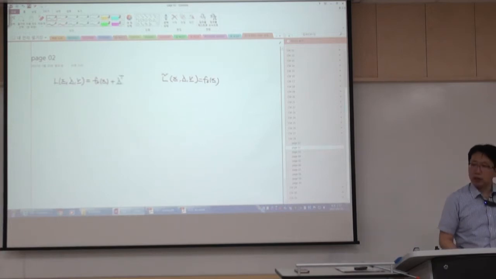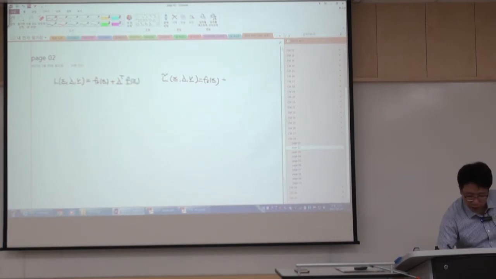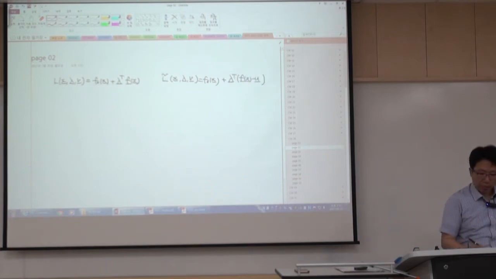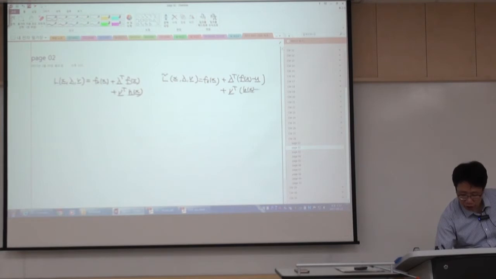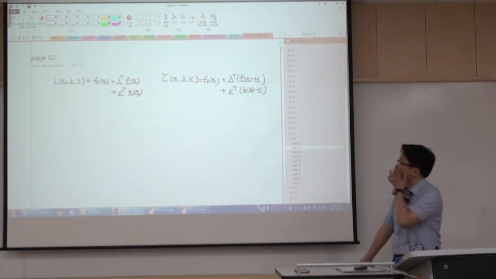We introduce lambda transpose, and here goes f(x). But here we have lambda transpose times (f(x) minus u). And here we have nu transpose times x. Here nu transpose times (h(x) minus v). So far, so good.